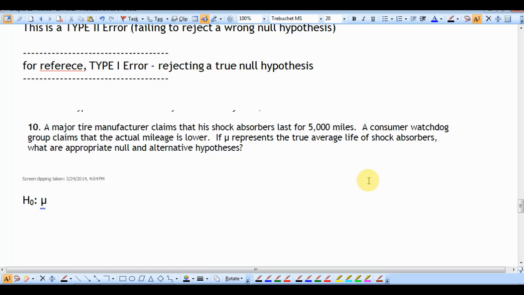That would be mu is exactly equal to 5,000. Remember, the null hypothesis is always going to be mu equals a number. The alternative hypothesis, therefore, mu is less than 5,000.